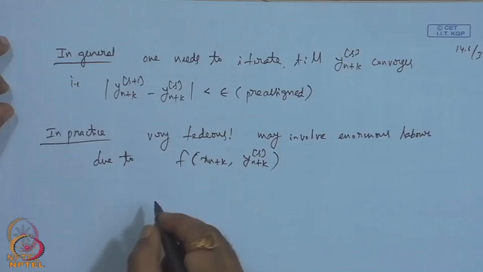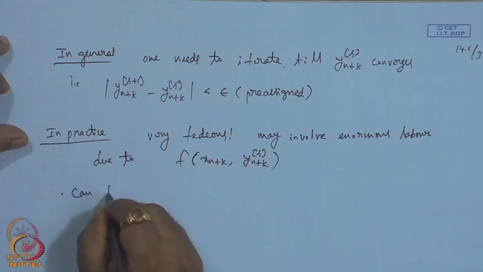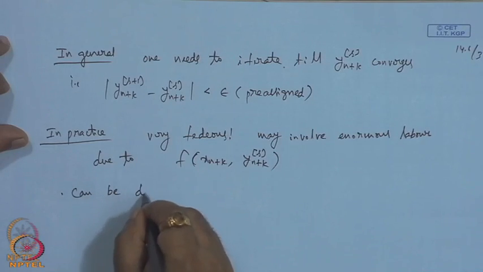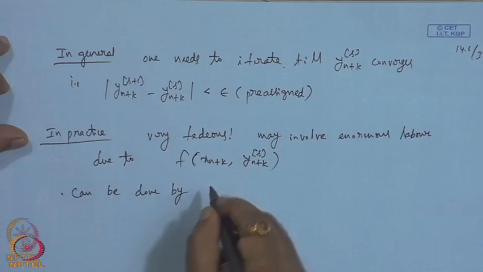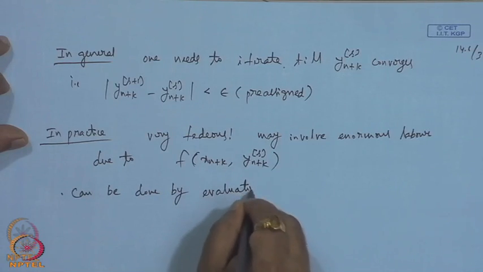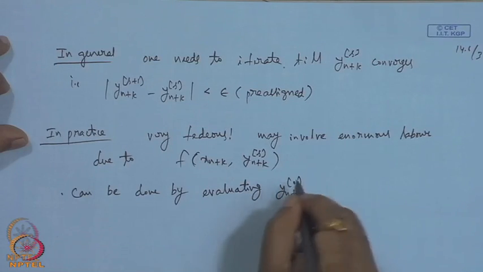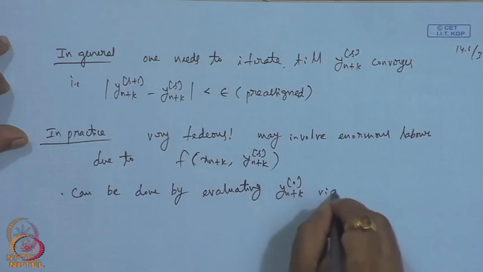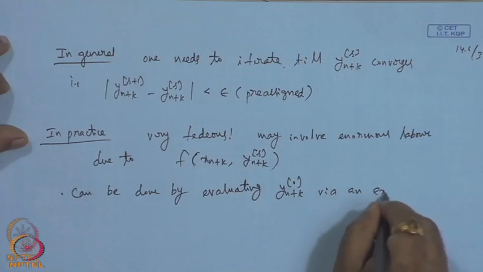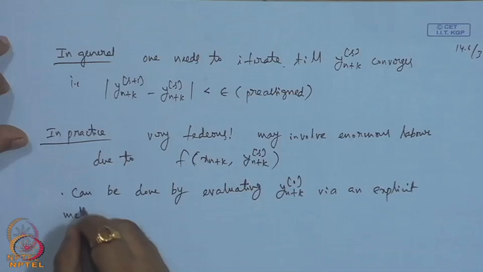So, let us see what should be done. This can be done by evaluating this via an explicit method.